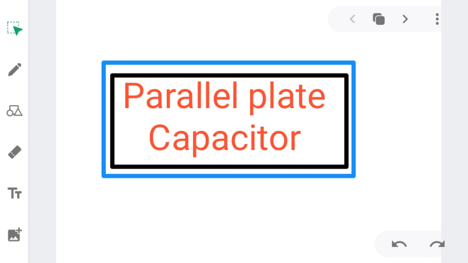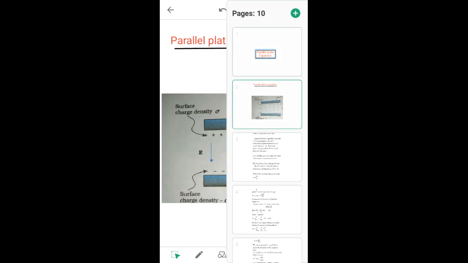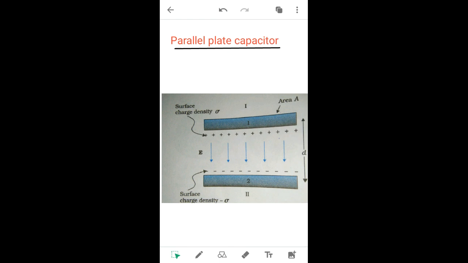Okay, let us start with the parallel plate capacitor. From the figure you can see there are two plates, plate 1 and plate 2, and the surface charge density is sigma where there are positive charges, and for the negative charges it will be minus sigma.